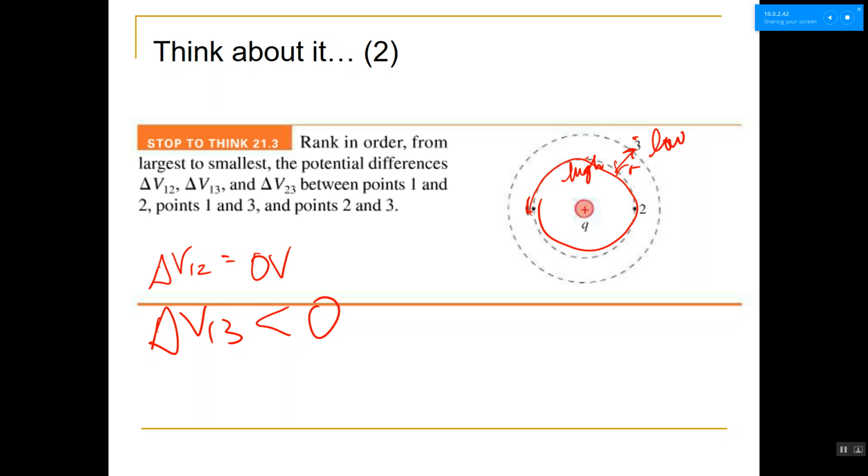And what about the difference between 2 and 3? If 2 were to go to 3, is it decreasing or increasing its potential? It's also good. And it's decreasing again by the same radius r. So in fact, you can say that these two are equal.